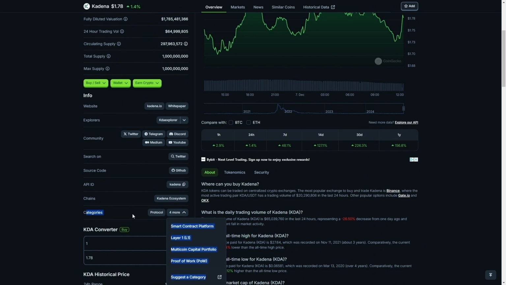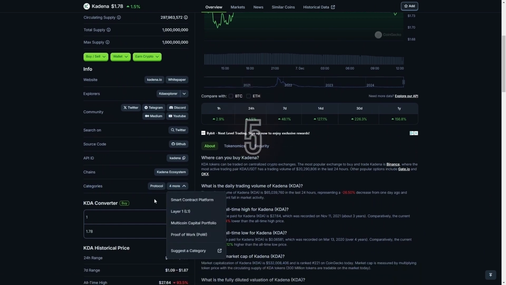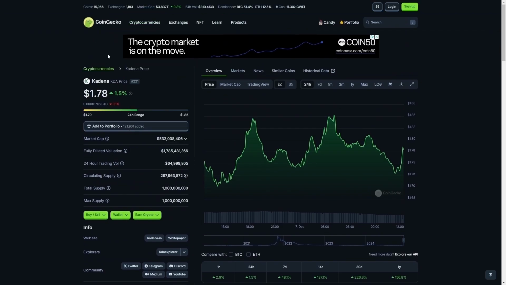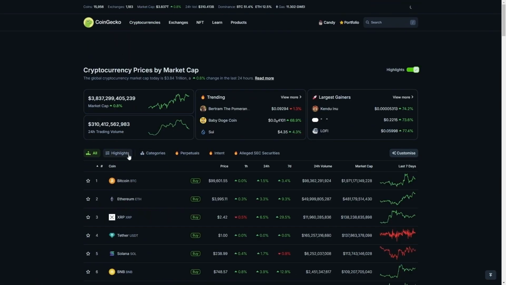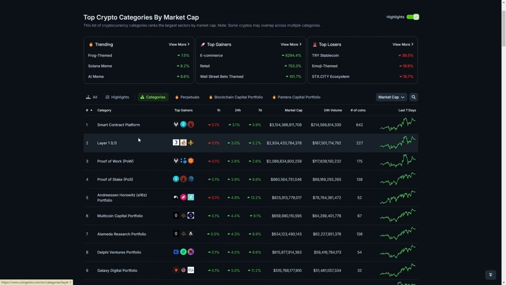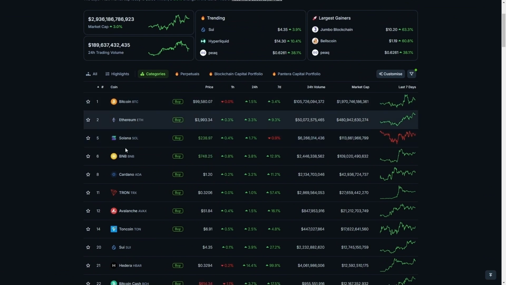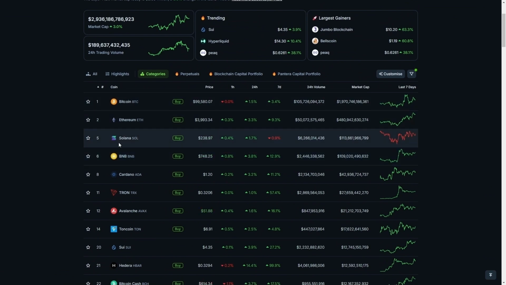It's in 4 different categories: protocol, smart contract platform, layer 1, multicoin capital portfolio, and proof of work, PoW. So now you know in what categories this is. We can go back to our categories. Cadena, for example, was in layer 1. Now we can have a look and compare our Cadena coin to these coins.